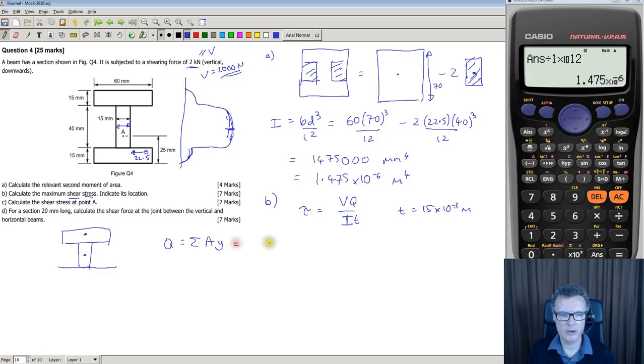So the bottom section will be a breadth, I'll work in millimeters, 15 millimeters wide, a height of 20 millimeters. Its centroid is here, so that's going to be 7.5, isn't it?